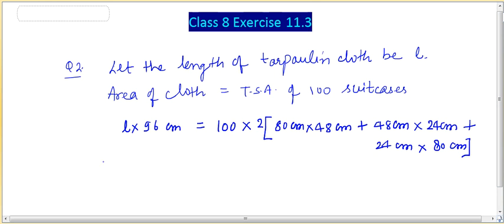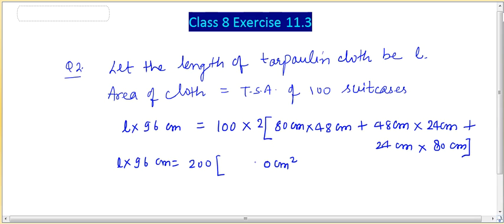Okay, now we simplify this. So it is L into 96 centimeter equal to 100 into 2, we can write 200. Here, if you multiply 80 by 48, you can just multiply in your rough copy, then write the values here directly.